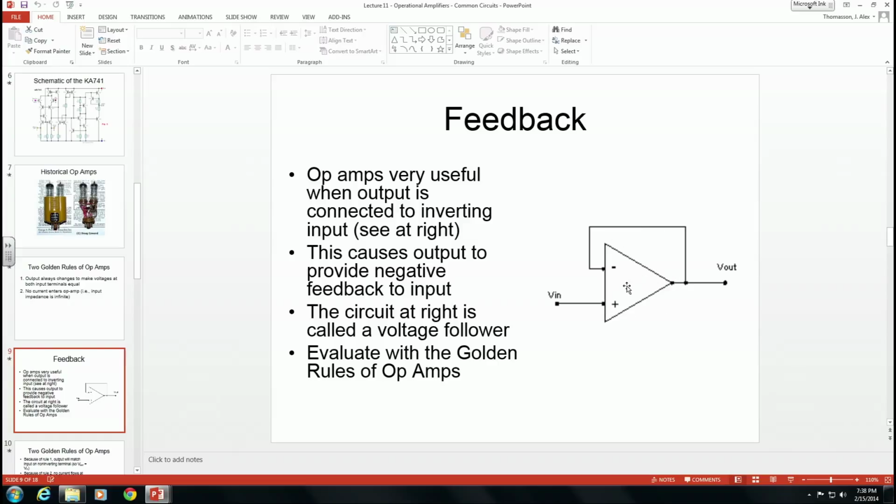Okay, with the op-amp you get tremendous impedance at the input and very small impedance at the output, which means that this op-amp voltage follower will give you a very good representation of Vin and not have a great effect on the signal anywhere else in the circuit. Okay, so voltage follower.